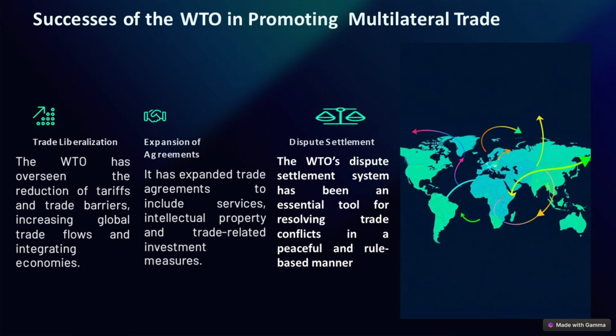Another important success of World Trade Organization is the expansion of trade agreements. The World Trade Organization has expanded the scope of international trade agreements beyond just goods to include services, intellectual property, trade-related investment measures.